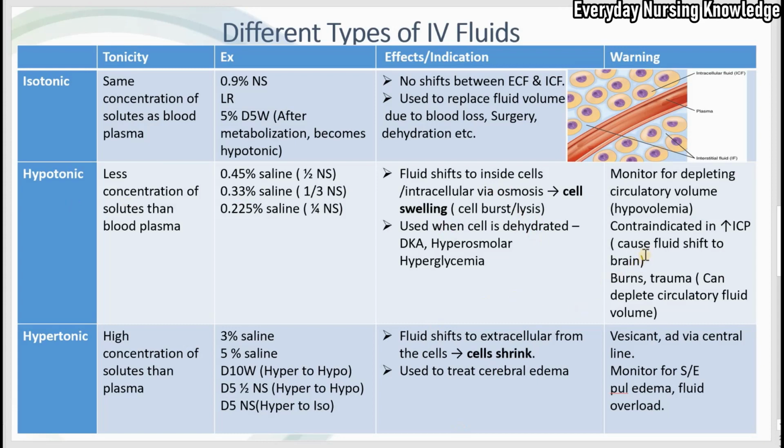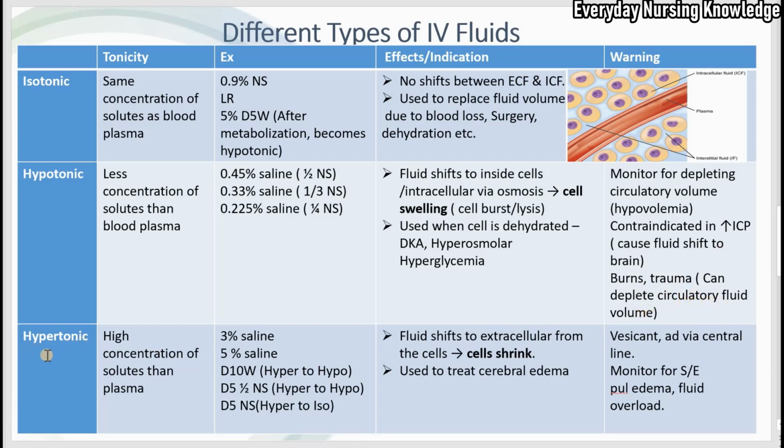So you don't want the brain cells to swell more, because hypotonic fluid can cause fluid shift to the brain cells, which can cause increased intracranial pressure. Also in burns and trauma, because this can worsen hypovolemia. It can deplete the circulatory fluid volume.